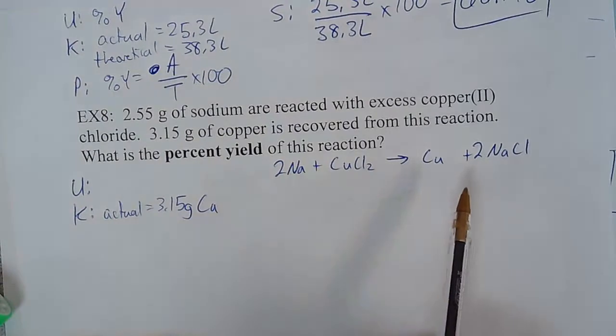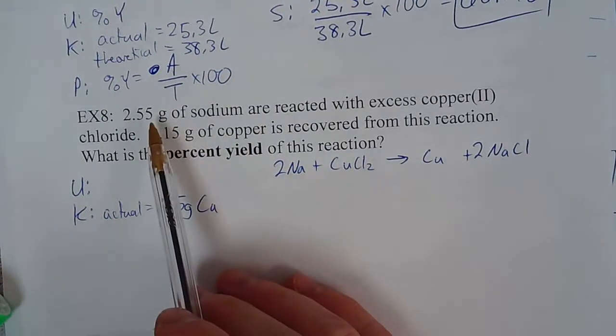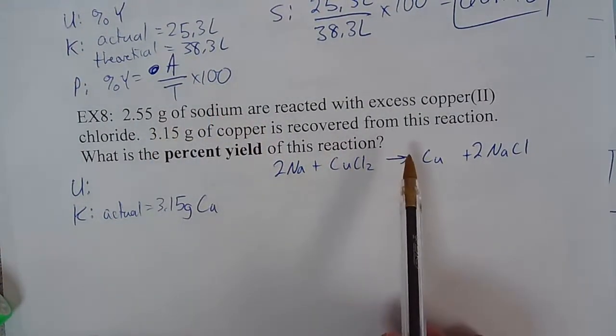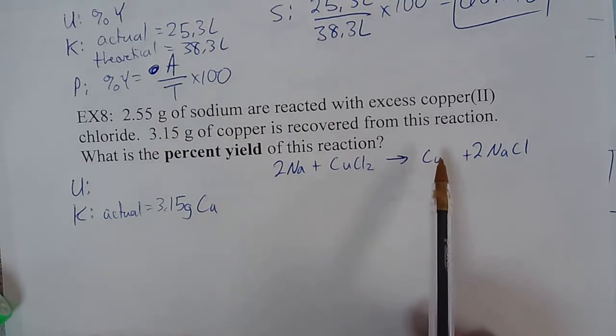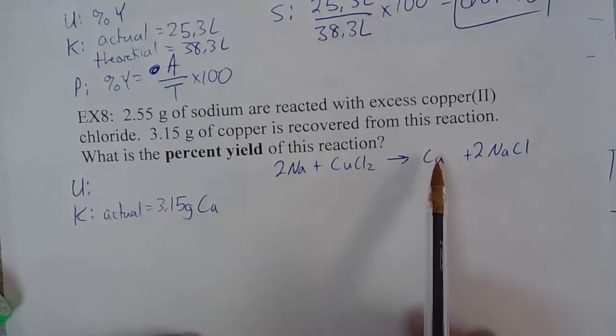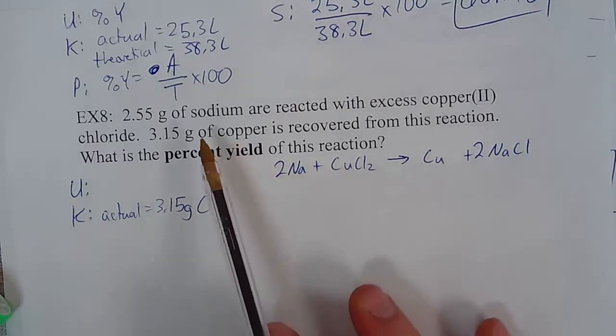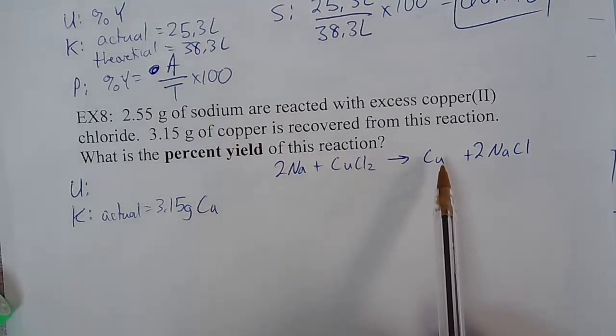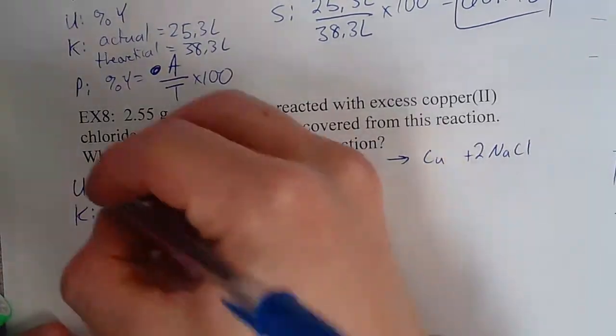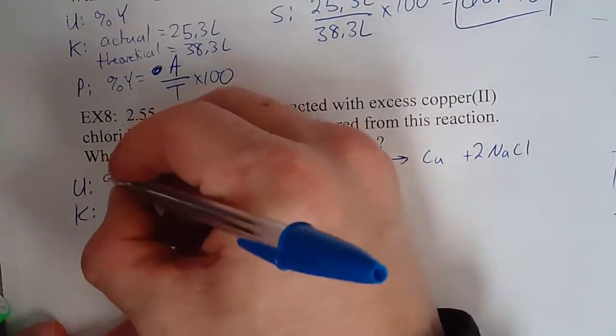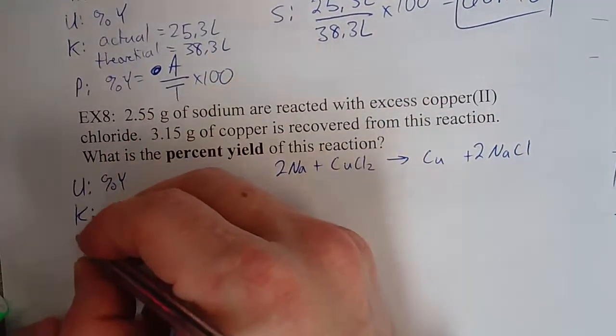So the problem here is they tell me the amount of sodium, but I really need to know the amount of copper. Well, do we know how to calculate that? Yes, we know how to calculate. If we know the sodium, we can calculate how much copper. So that's what we're going to do in our plan.